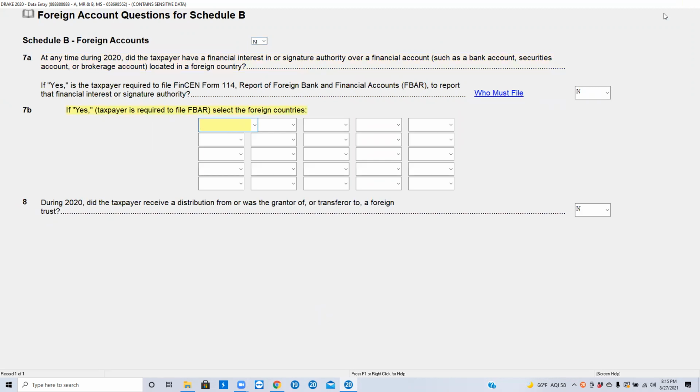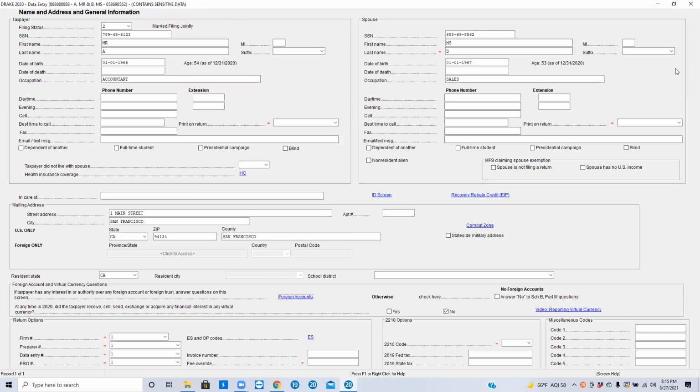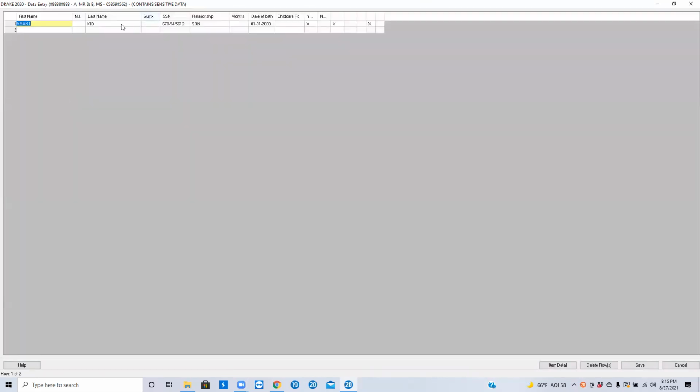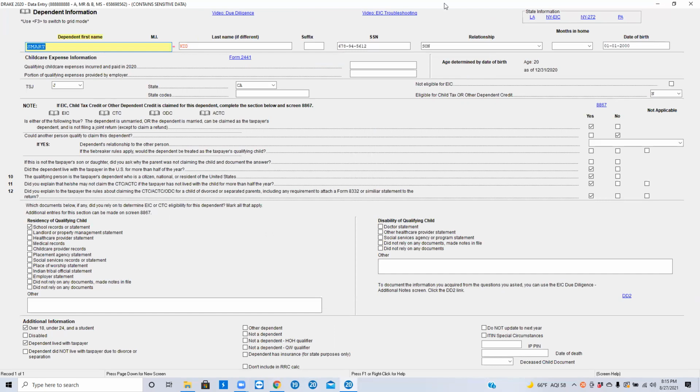So now, let's go to the very simple tax return in here. This client has a kid, and this kid is 10 years old in the year 2020. The birthday is January 1st of 2010.